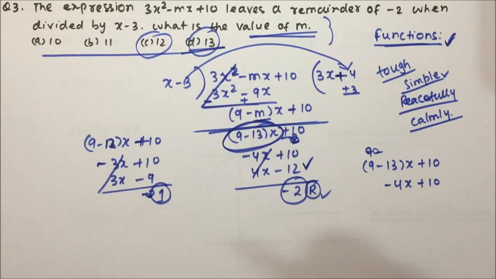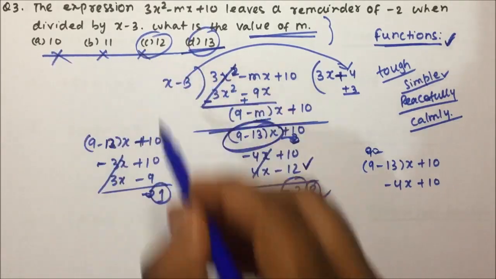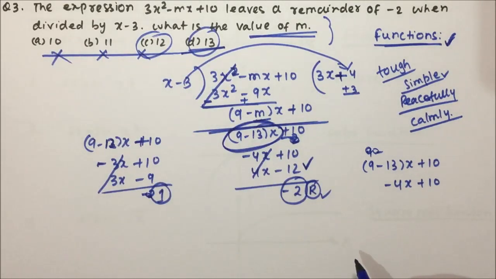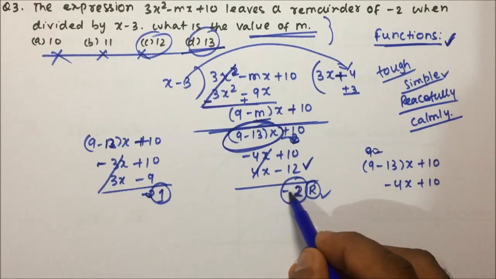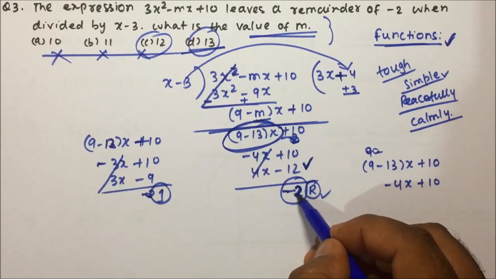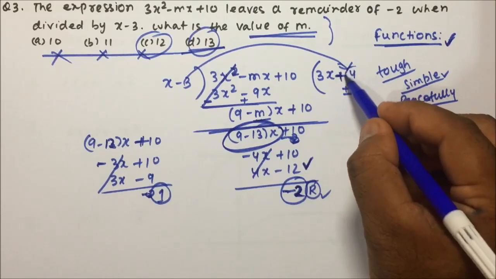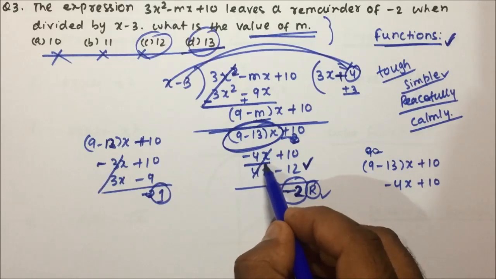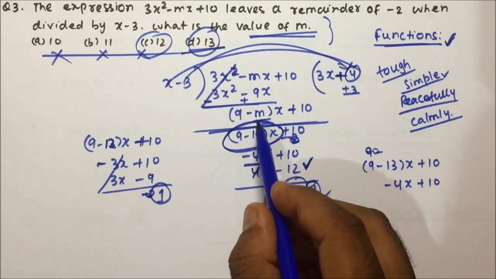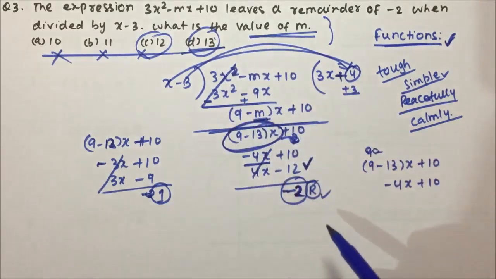Friends, try to understand. No need to check all those options because I am explaining it here. I am checking each and every option, but I know if you want a remainder of minus 2, then here it should come minus 12. And minus 12 means you have to multiply with 4. And if you have to multiply with 4, it means here it should be 4x. So you will be getting 4x only when you put the value of m as 13.